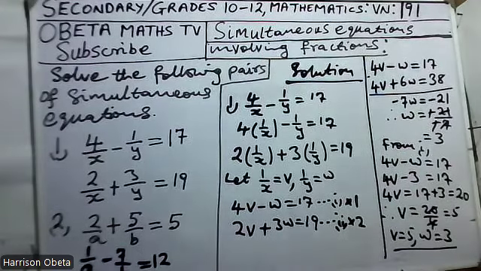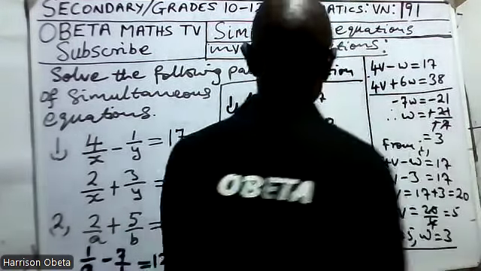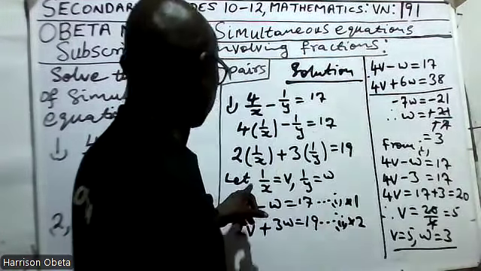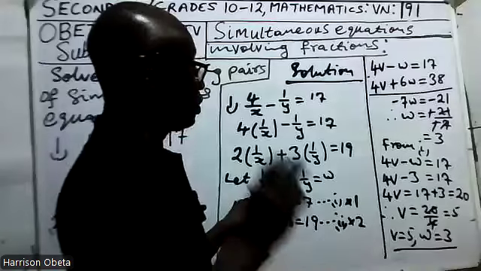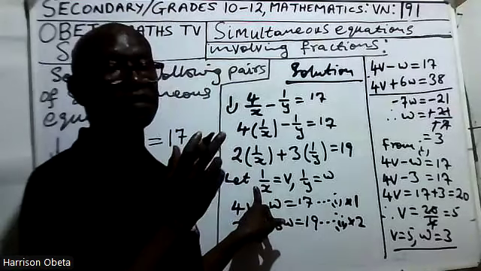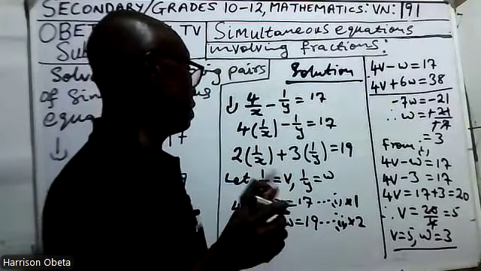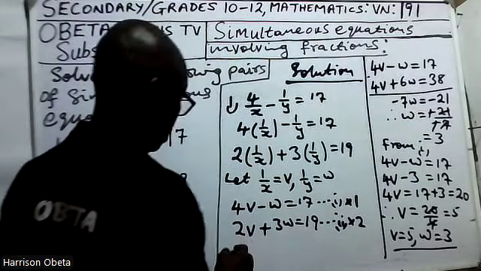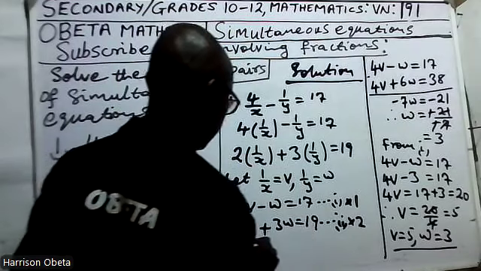v equal to 5, w equal to 3. But we are going back to this place. Remember, what we are looking for is the values of x and y. So we can come back here.